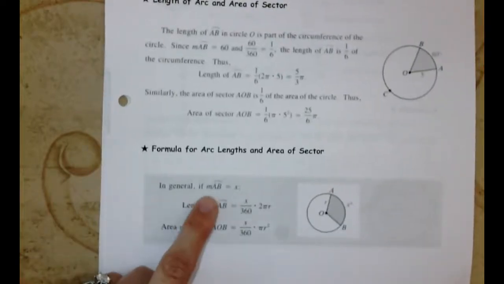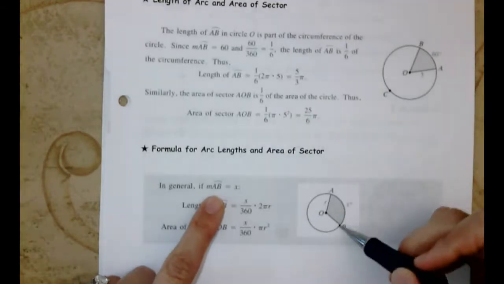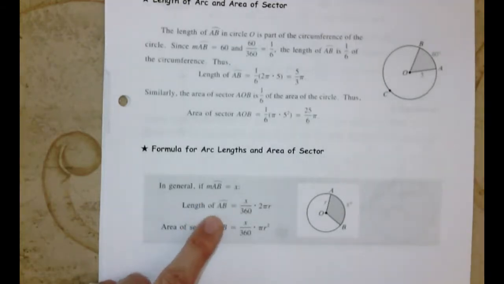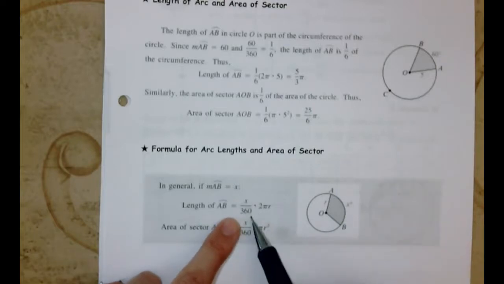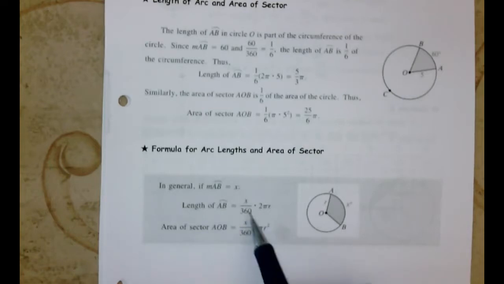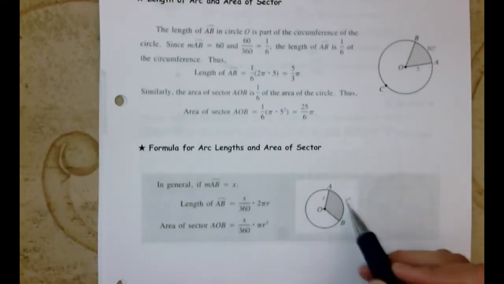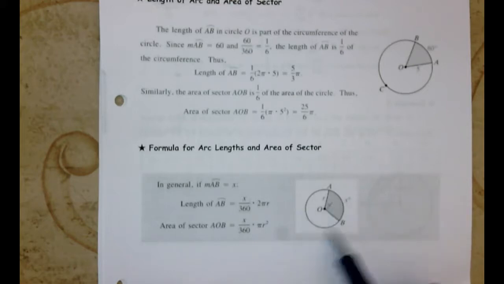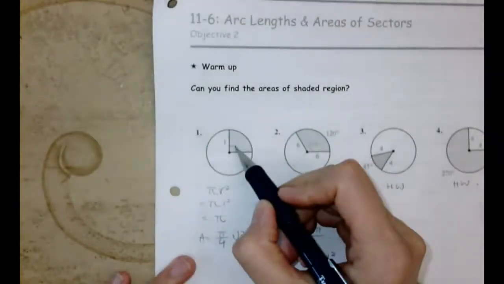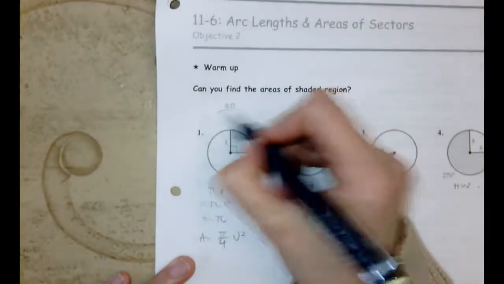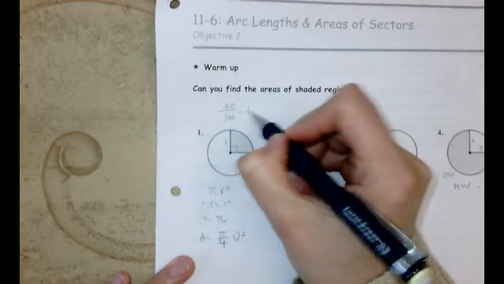In general, if the measure of arc AB is x, then the length of arc AB is x over 360 times 2 pi r. What this means is that if this is x, and you do x over 360, you get the fraction of the circle. For example, this is 90, so 90 over 360 will give you a quarter.